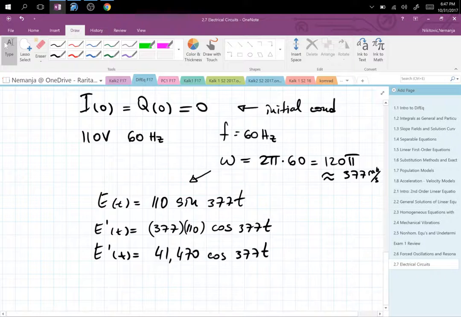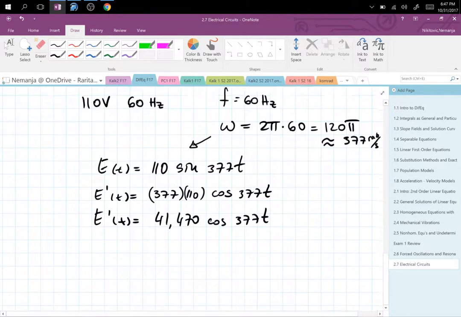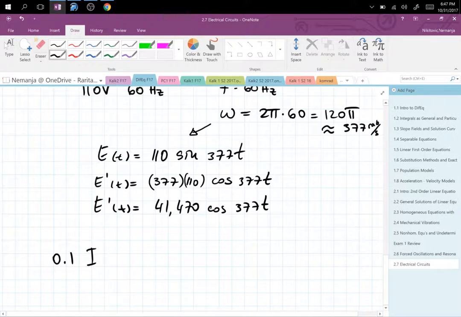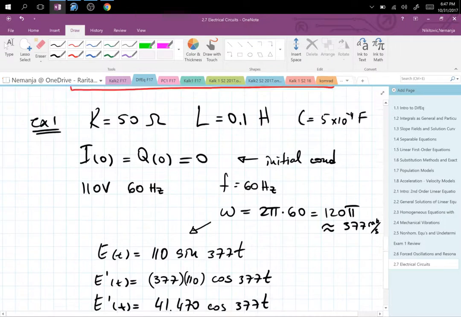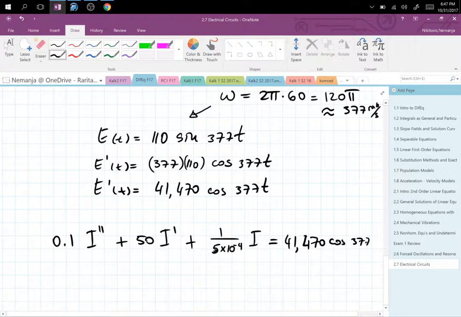All right, so now plug everything in. L is 0.1, so 0.1 I double prime plus R, which is 50, I prime plus 1 over C, so that's 1 over, what was the capacitance given? 5 times 10 to the negative 4, times I is equal to 41,470 cosine 377t.